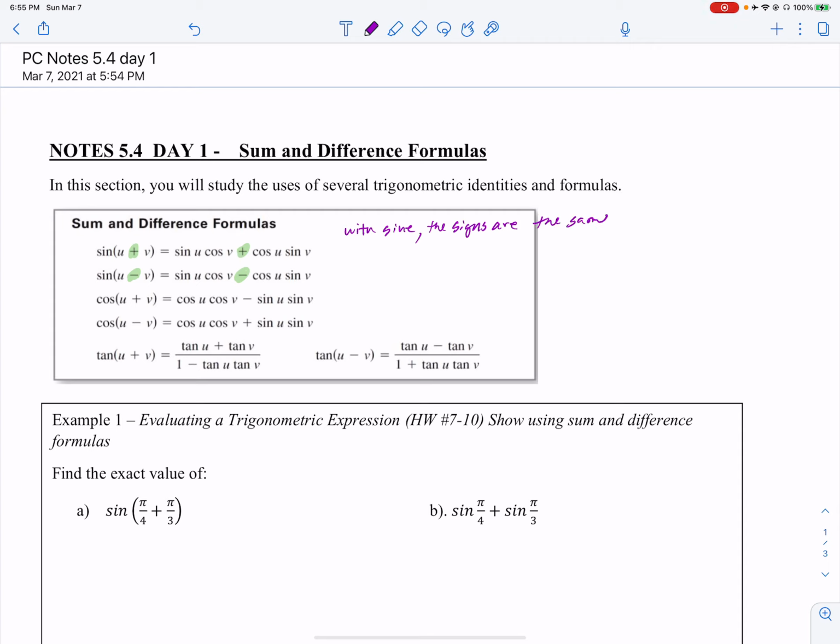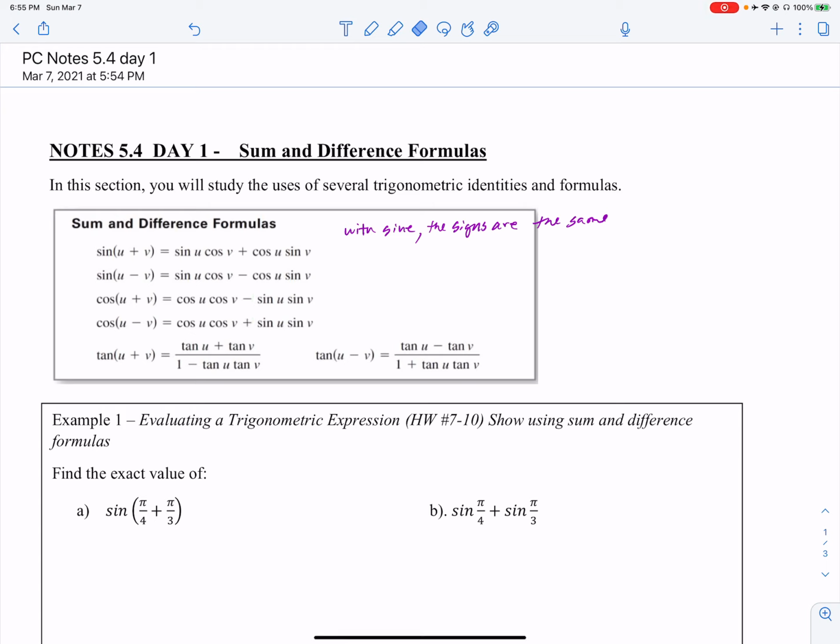I'm just talking about if you're adding the angles, you're adding the two expressions. If you're subtracting the angles, you're subtracting the two expressions. However, when you start examining cosine, if it's addition here between these two expressions, you're subtracting. Or if you're subtracting, you're adding. So those are some things to watch for and get straightened out as you go through those.